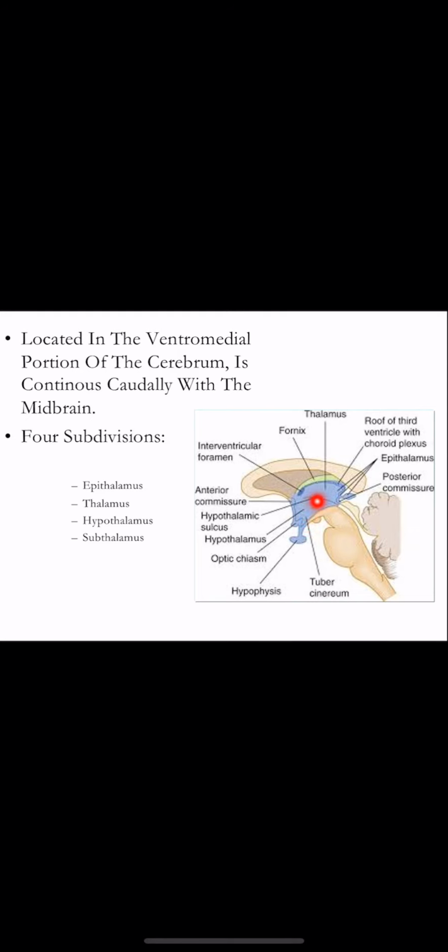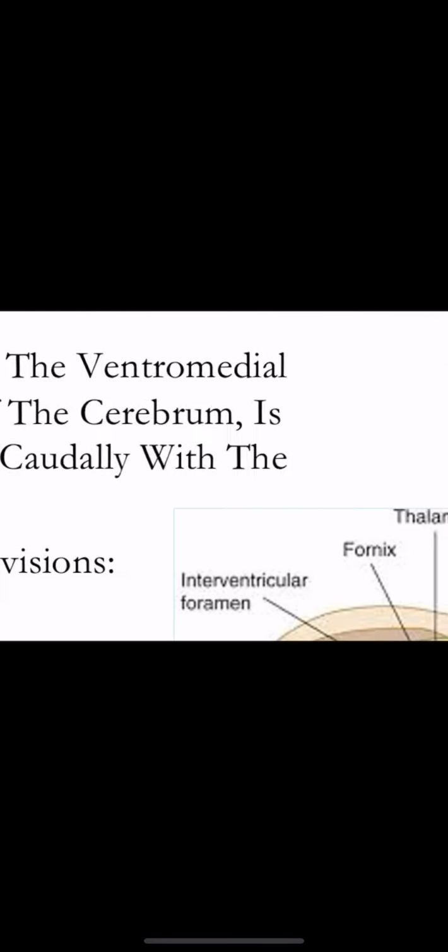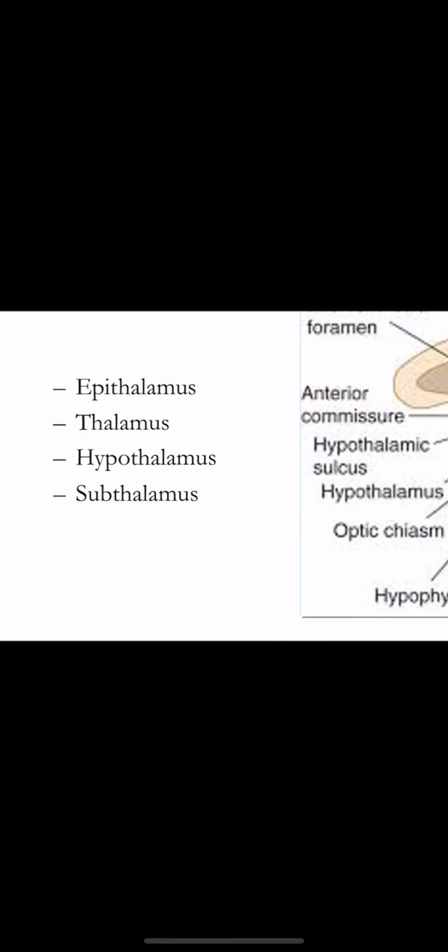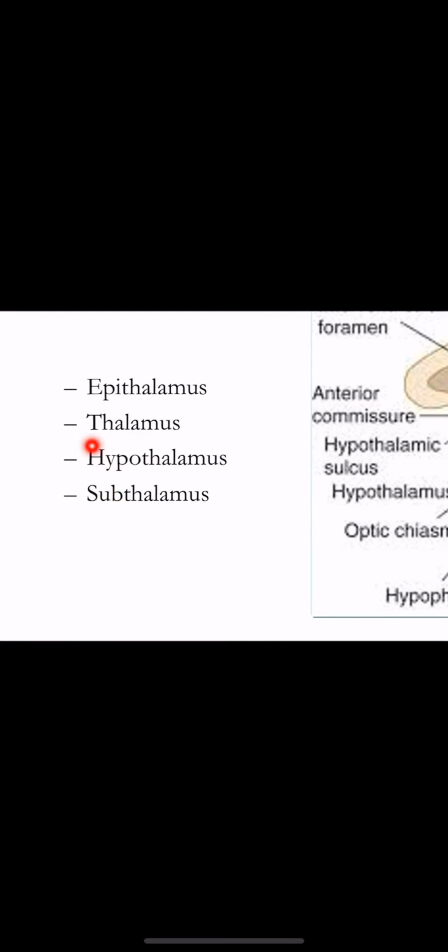The main one, the center of the diencephalon, is called the thalamus, and I think you are familiar with this term. Above it and more dorsal, we have the epithalamus. Ventral, more anterior, we have the hypothalamus, and also we have the subthalamic area, and all of these comprise what is called the diencephalon.